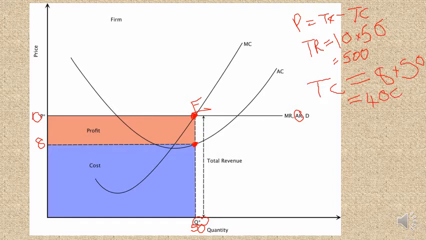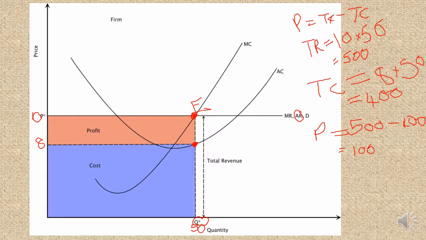To get to your profit, you say total revenue 500 minus total cost of 400 equals 100 Rand.